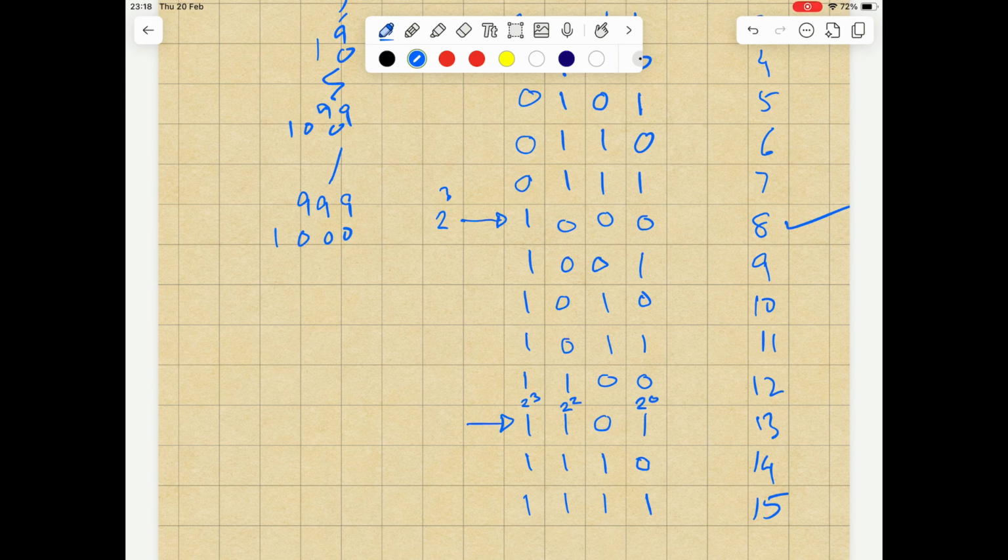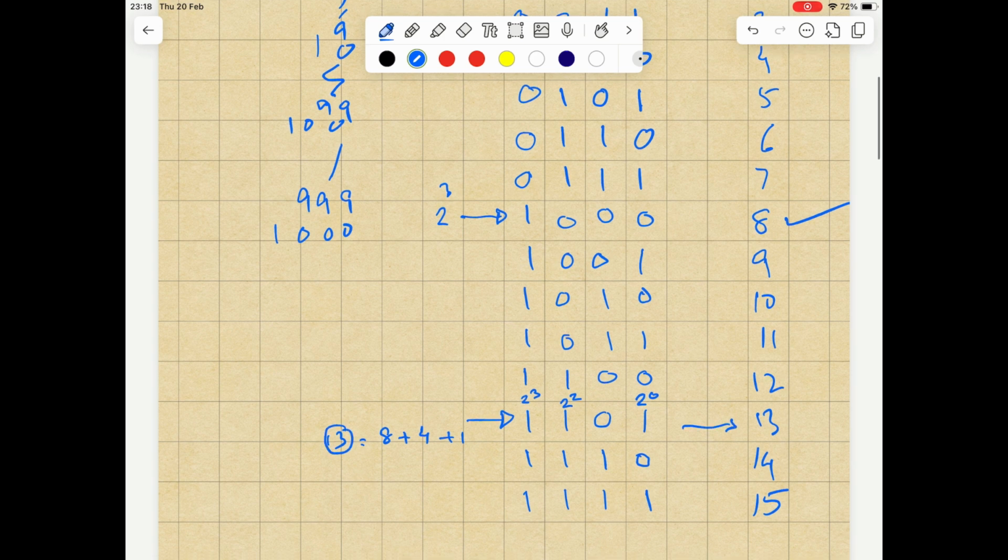So 2 to the power 3 will be 8, plus 2 to the power 2 will be 4, and 2 to the power 0 will be 1, which will be equal to 13. And that's where 13 comes in.